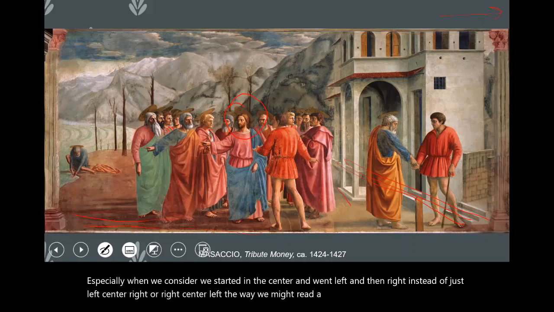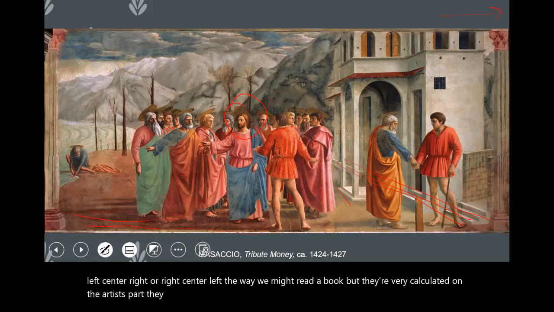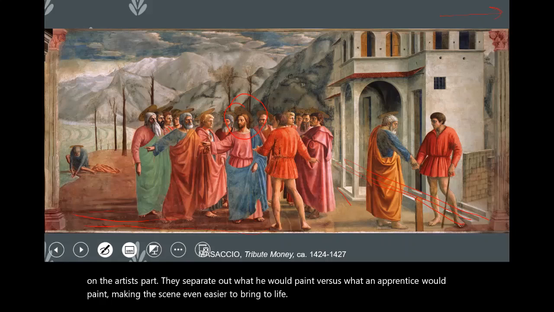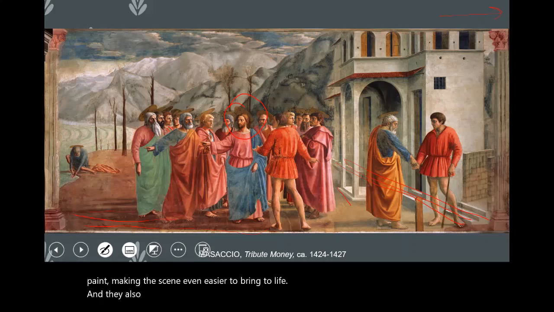But they're very calculated on the artist's part. They separate out what he would paint versus what an apprentice would paint, making the scene even easier to bring to life. And they also convince us that this is a realistic way that people would crowd around their leader, their teacher. This is a realistic way we might, as passersby, see the event unfold.